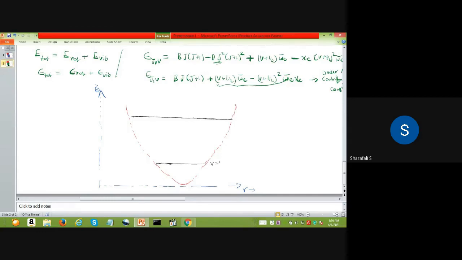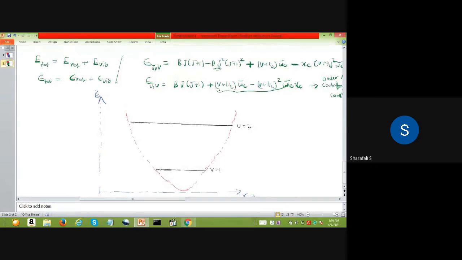In each of these states, if we substitute, we have to calculate the value of this quantity, and the corresponding energy, when j value is equal to 0.